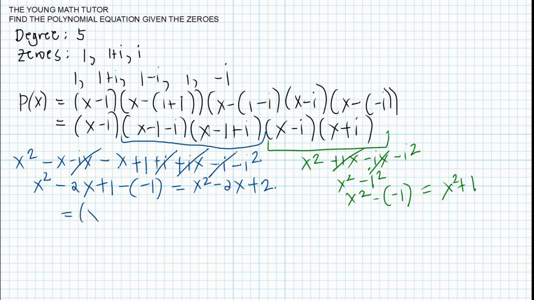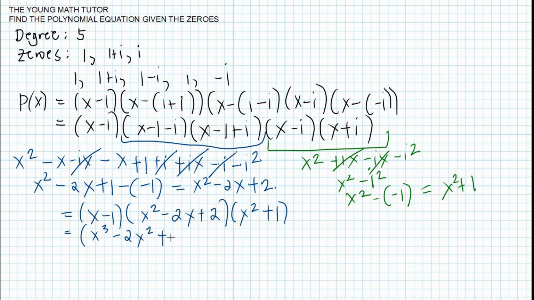Now let's work on our expanded equation. So that's x minus 1, x squared minus 2x plus 2, and x squared plus 1. We can begin with multiplying two of these factors. So that will be x cubed minus 2x squared plus 2x minus x squared plus 2x minus 2 multiplied to x squared plus 1.